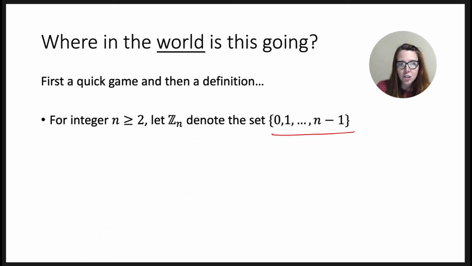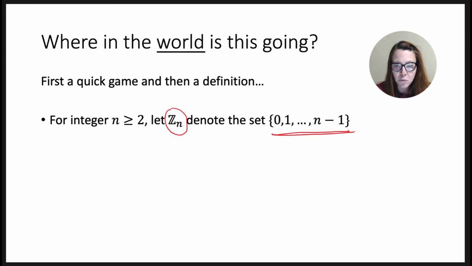So for some integer n greater than or equal to 2, we can define the set 0 to n minus 1 of integers by Z subscript n. And that is the set of integers that we can reach if we're working modulo n.